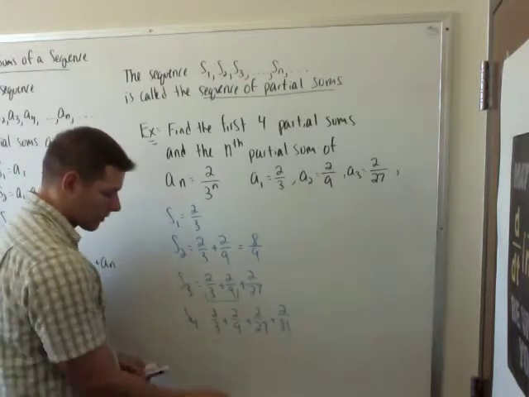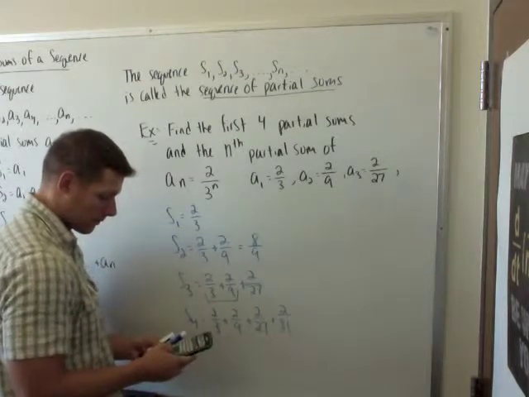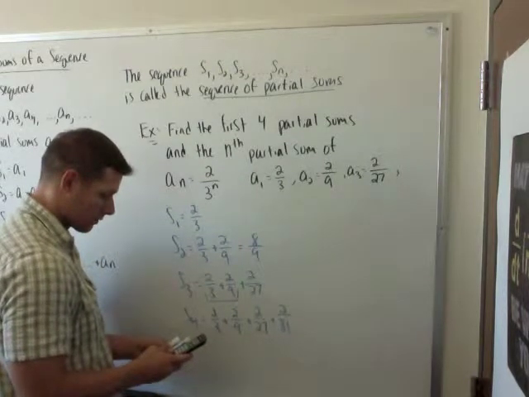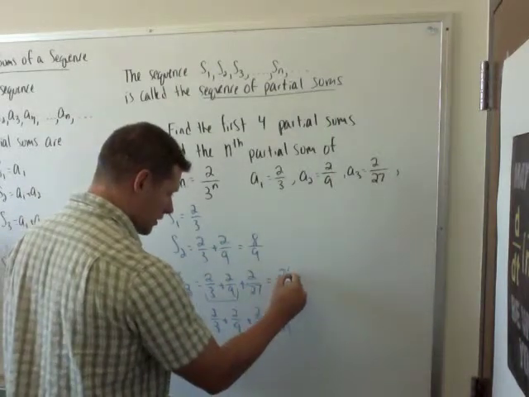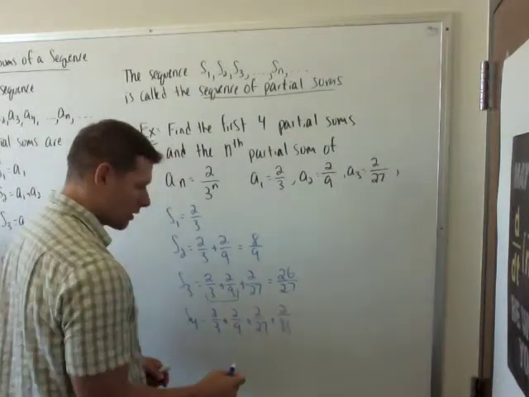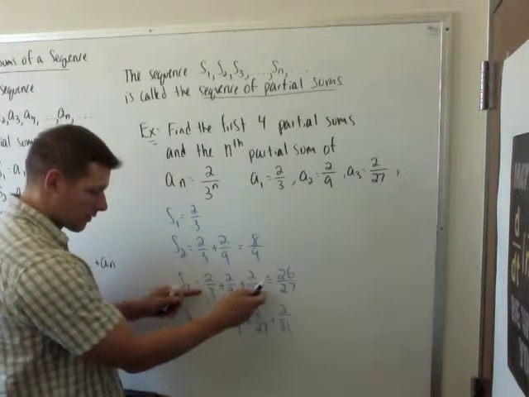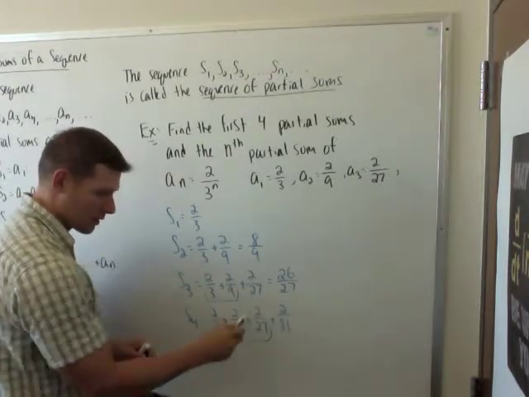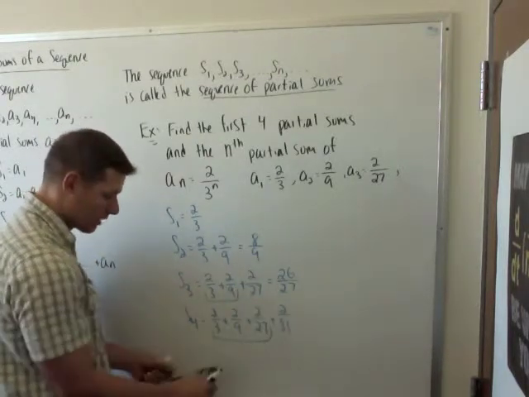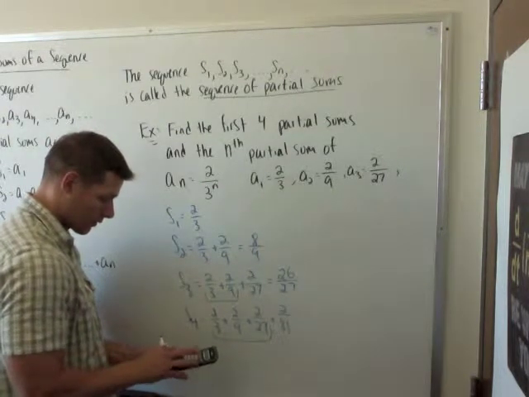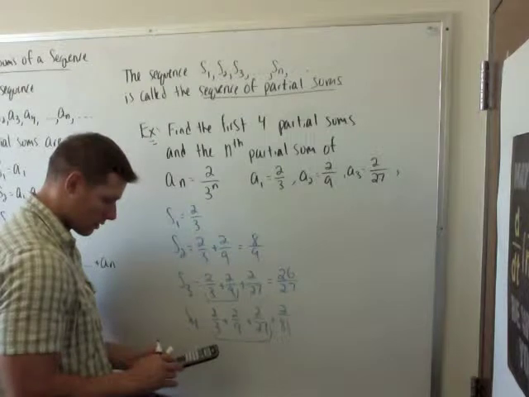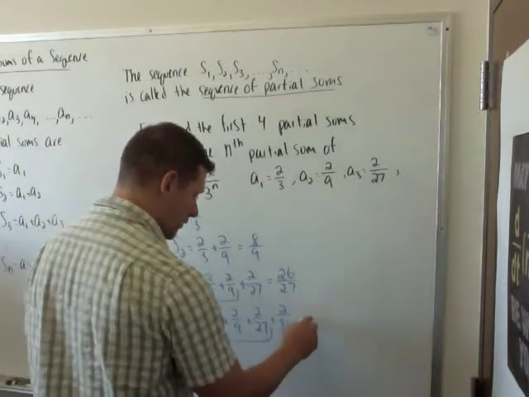So to get the next one, I'll just take that 8/9 and add 2/27. Good. So this gives me 26/27. Good. Well, so then S3 is these first three, so I know that this is 26/27. So I just add 2/81 to it, plus 2/81. 80/81.